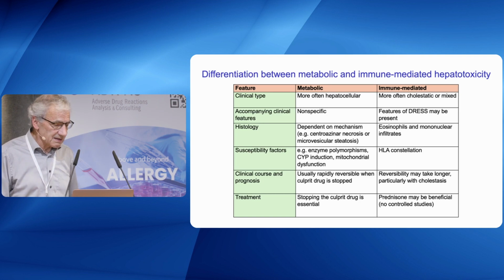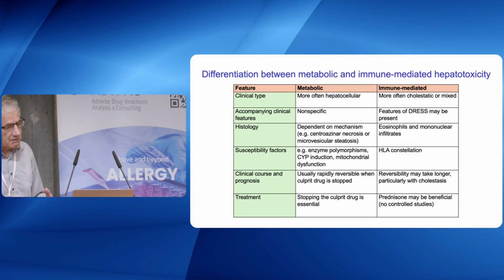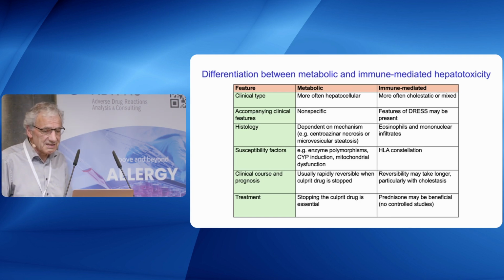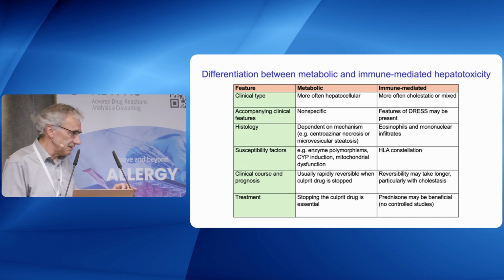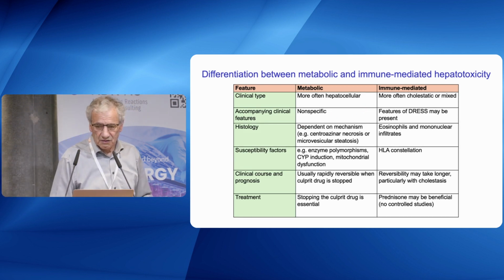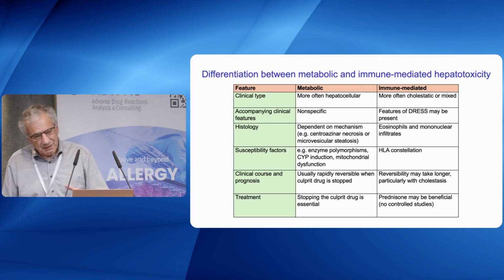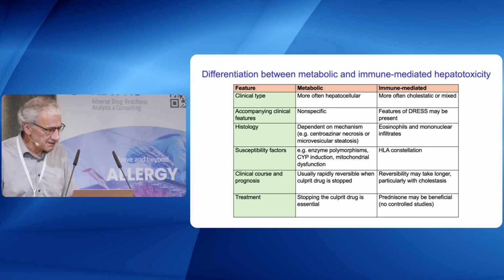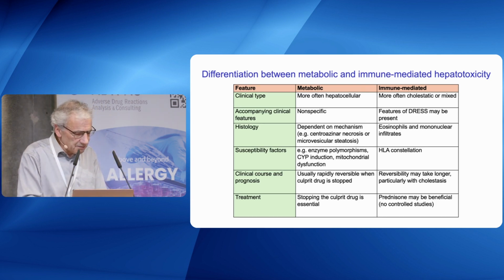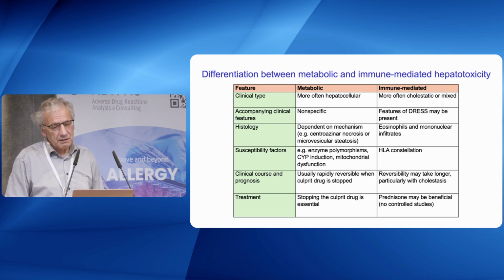Now, the second last slide is the differentiation between metabolic and immune-mediated toxicity. You see the clinical type. I would say, in my experience, the metabolic toxicity is more often hepatocellular. That means transaminases: hepatocytes are destroyed. And the immune-mediated may be more often cholestatic or mixed, so that the target may be the hepatocyte, but also the bile ducts.